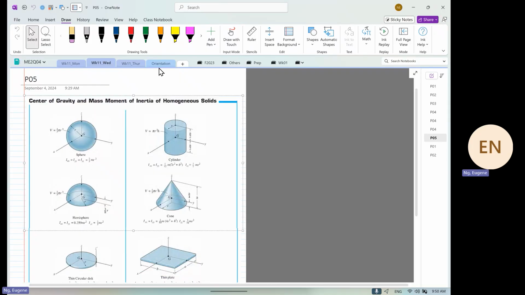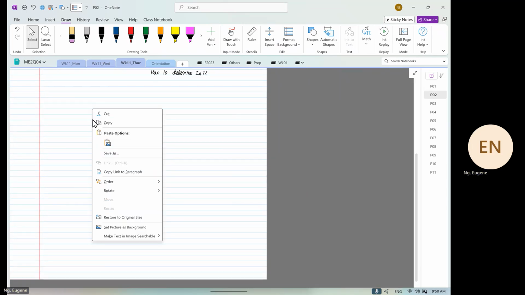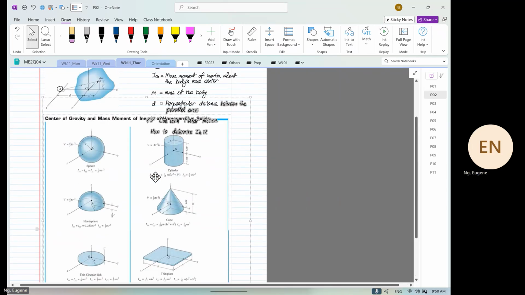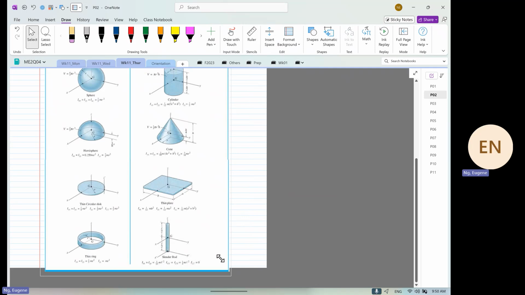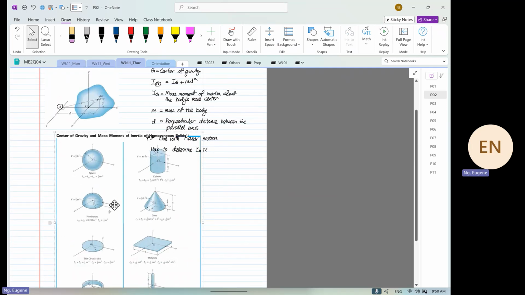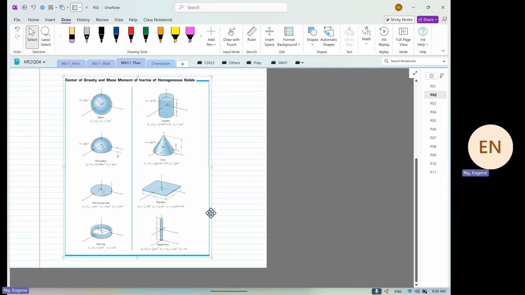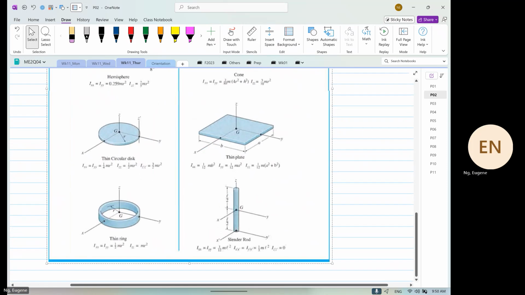Okay, so let me come to here. Okay, paste it over here. As I said, I will provide this table. Okay, I don't expect you all to memorize it. Okay, it's ridiculous to memorize it, I think. Okay, so now what I'm going to do, have you seen a table like this before?